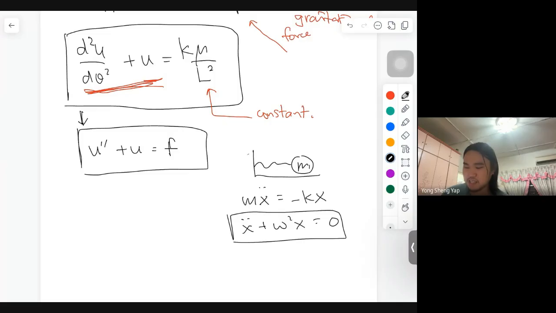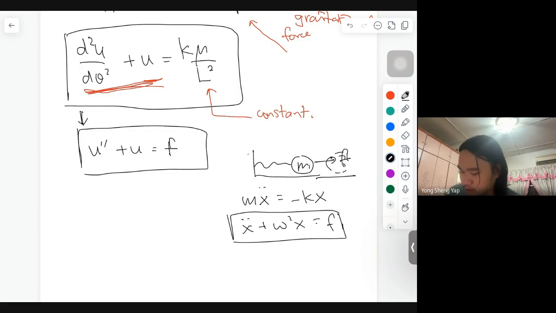And if you have another constant force, what does it do? It just shifts the equilibrium position to something over here. So this is something that is oscillatory. It has a solution that is oscillating, right?